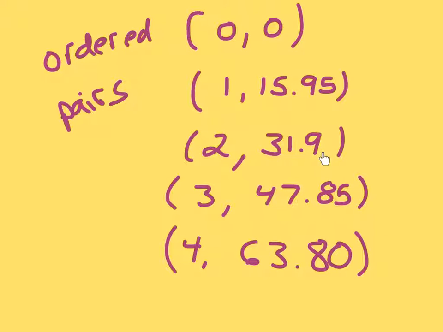I just didn't put the 0 in this case, but there is a 0 there. And since we know that y was money, we should go ahead and say $31.90. Okay? I have 3 and $47.85. And I have 4 tickets that are going to cost $63.80.